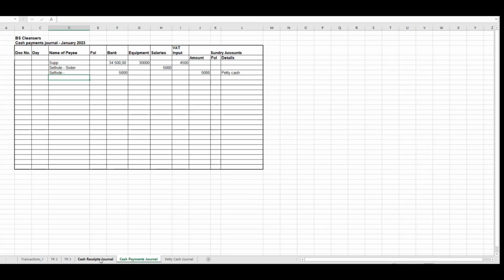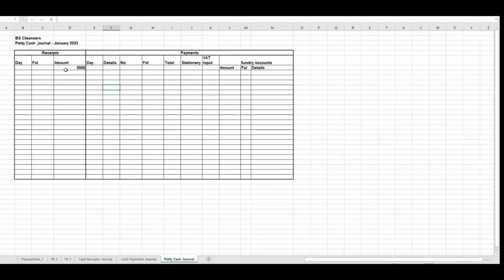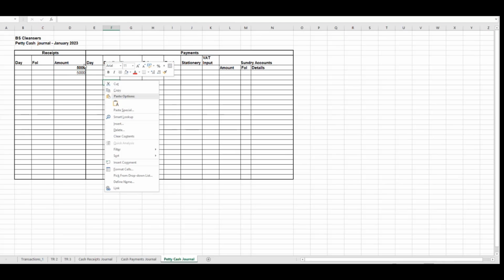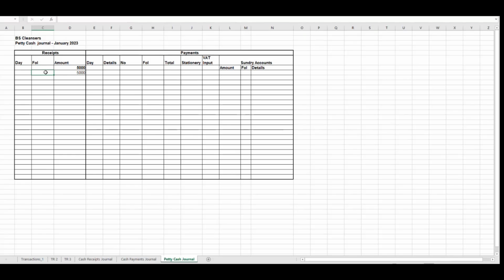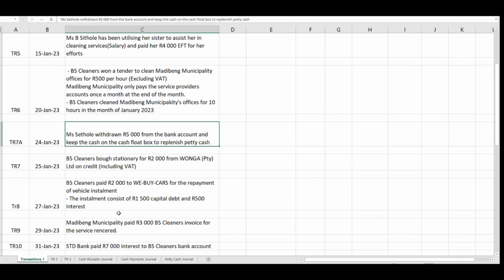And we're going to receive it on the petty cash ledger, so petty cash journal, 5,000 rands. That's all about that transaction.